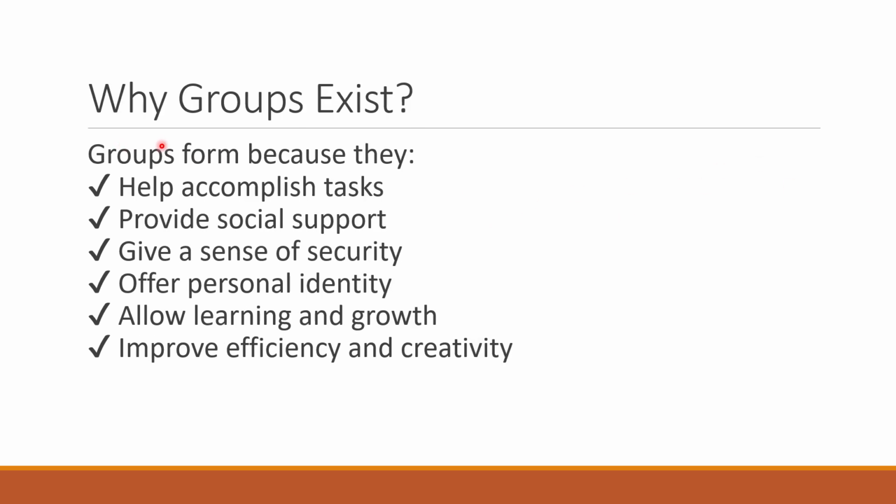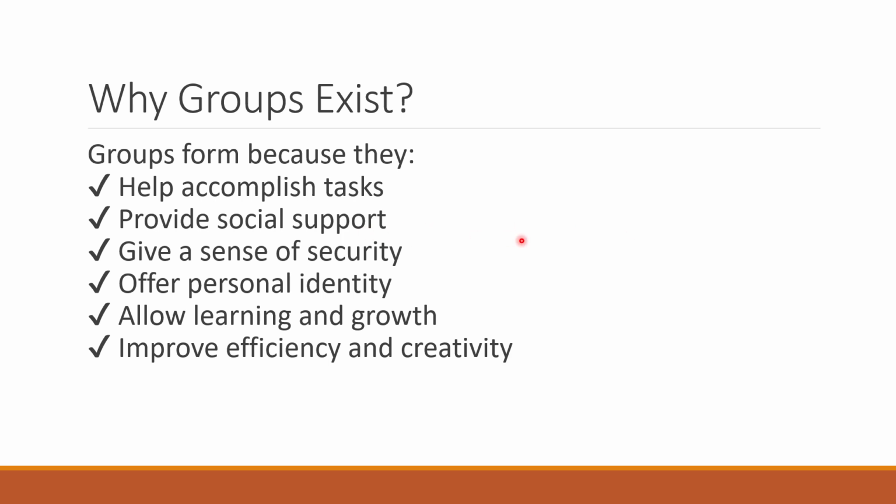The question comes: why do groups exist? Groups do not form randomly. They exist because they fulfill many important needs. People usually join groups to get social support, to feel secure, and to satisfy their need for belonging. Groups also help individuals learn new skills, share knowledge, and develop confidence.